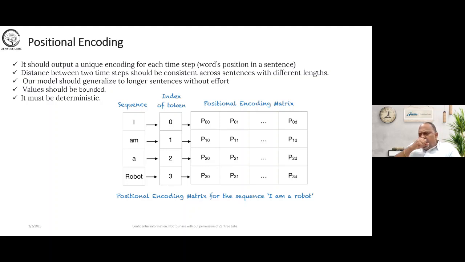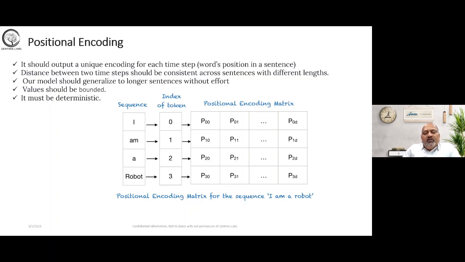If it is k timestamps away, the distance should be k times the difference between two neighboring ones, so that these are uniformly spaced. And our model should generalize to longer sentences without effort.